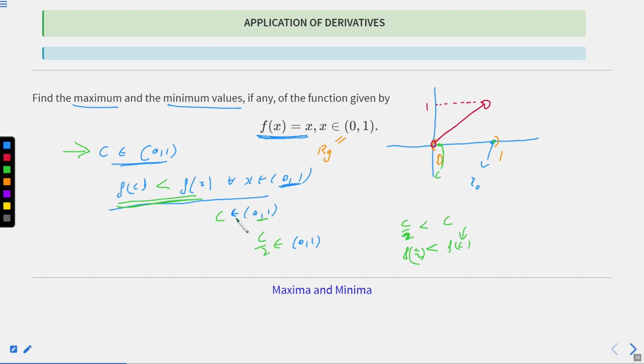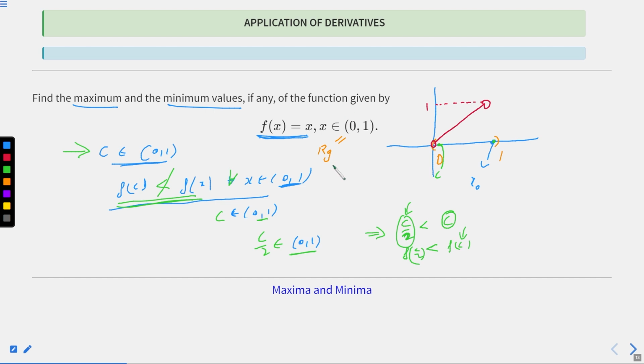Pick any C near 0, and taking C by 2 is also in this interval, and from this you can say that C by 2 is less than C. So there always exists some point which is lesser in value. That's why it cannot happen, not for every time. I hope that it is clear.